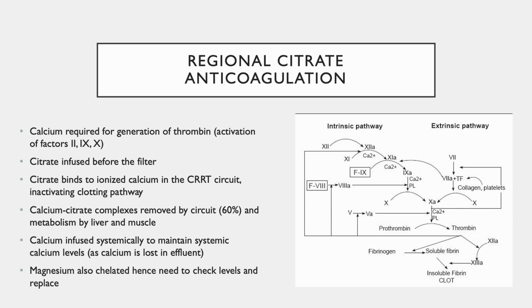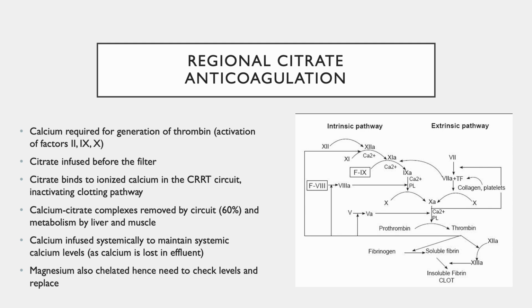So the way that regional citrate anticoagulation works is that citrate chelates calcium, and calcium is an important cofactor for the coagulation cascade. It is involved in the generation of thrombin and activation of factors 2, 9, and 10. So citrate is essentially infused before the filter within the circuit, and within the circuit itself, there is anticoagulation effect because there is no calcium action in order to activate and maintain the coagulation cascade.